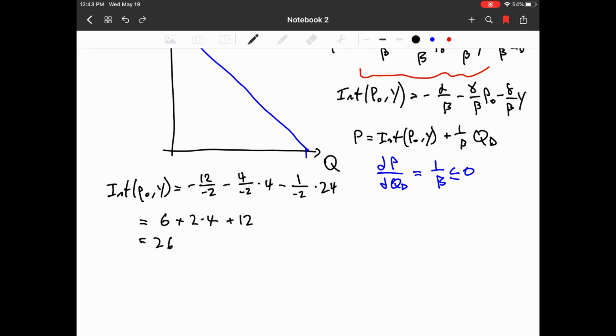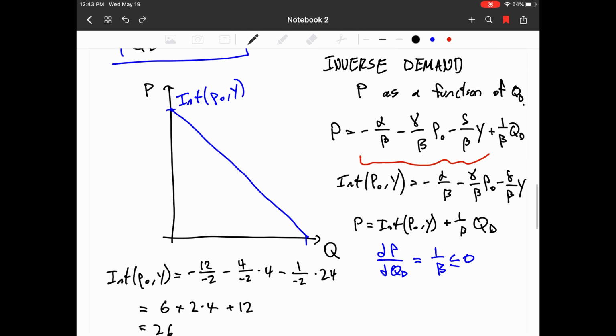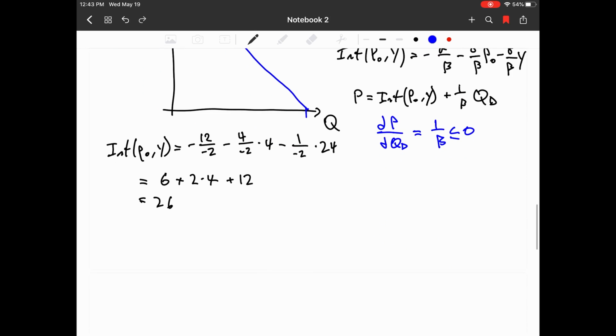Okay, so that's our intercept term, and if we'd like to, we can write this in on a graph, 26. And for the derivative, we already know the parameter value of beta, so we can just set this as negative 1/2.